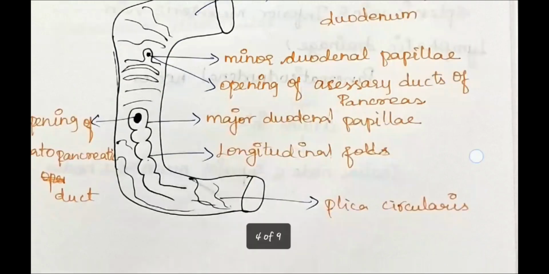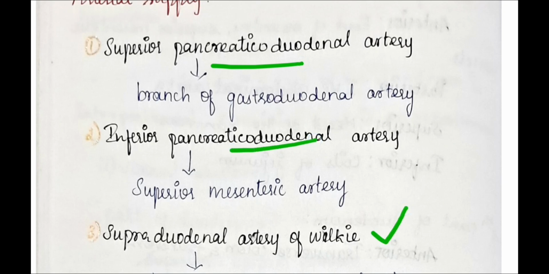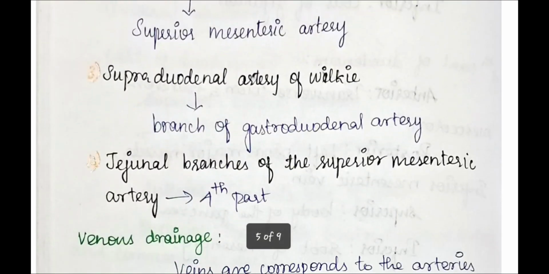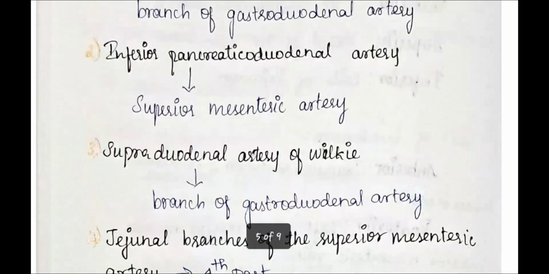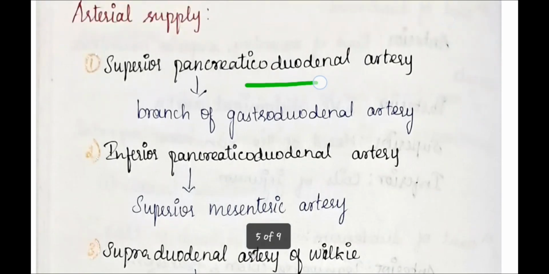Okay. So coming to the arterial supply of the duodenum: superior pancreaticoduodenal artery, inferior pancreaticoduodenal artery, supraduodenal artery of Wilkie, and jejunal branches of the superior mesenteric artery. So these are the main arterial supply to the duodenum. We will see the branches from which they arise. First, the superior pancreaticoduodenal artery is a branch of the gastroduodenal artery, as we saw in the abdomen blood supply. Can you correlate it?